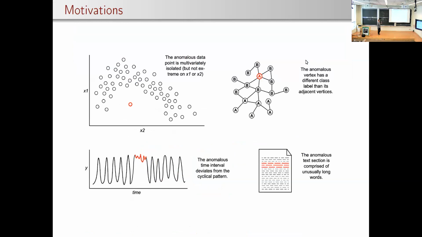An outlier could be not only an individual point that lies in a different direction or place from the other data points. It could also be a graph anomaly, like label anomalies. It could be something strange in a time series, or something strange in text searching, or many different cases.